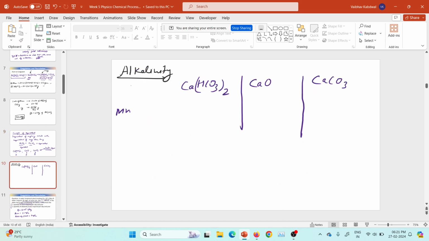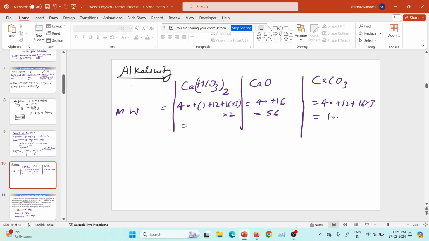So now I will write their molecular weight. Molecular weight is 40 plus 1 plus 12 plus 16 into 3, into 2. Here it will be 40 plus 16, it will be 56. It will be 40 plus 12 plus 16 into 3, so this we know 100.